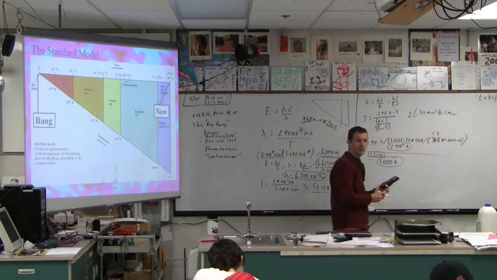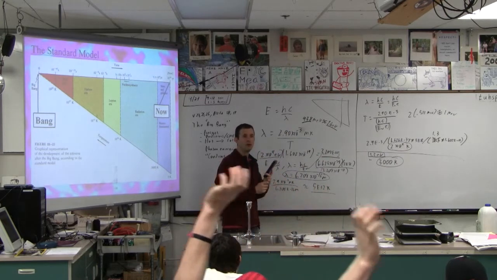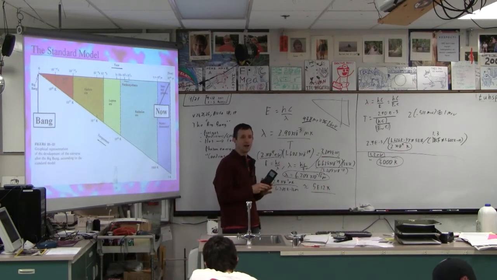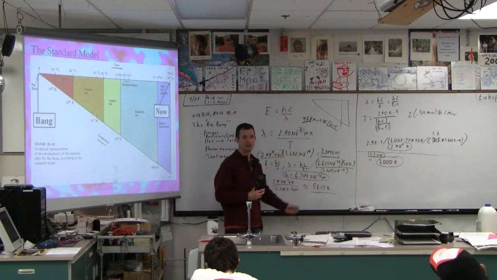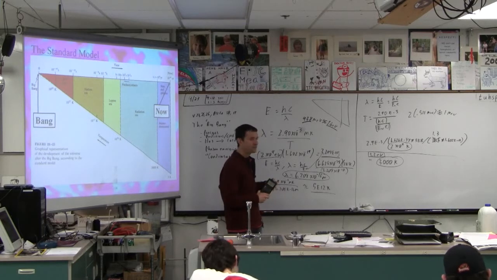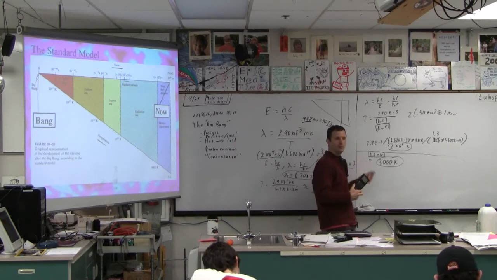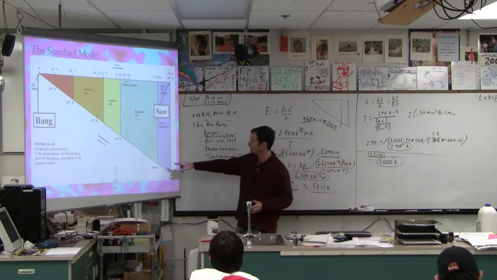So you guys get about 3,000 kelvins. 1.3 is the energy basically needed to ionize matter. If you've got more than 1.3, every collision is going to ionize, right? Above that it's plasma, below that it's not, right? Okay. Do you guys get about 3,000 kelvins?